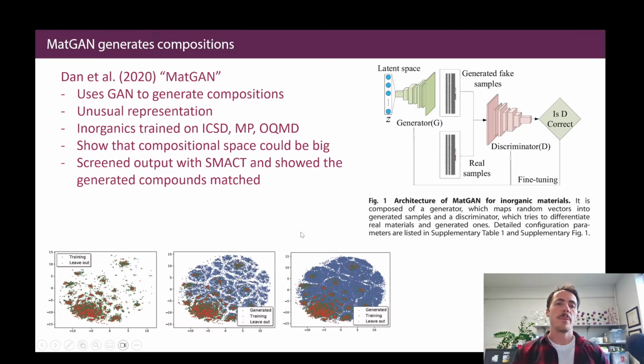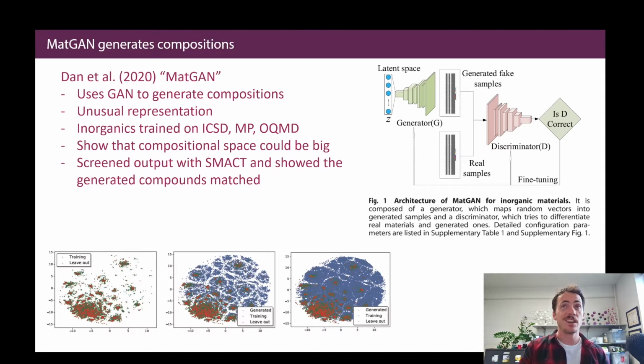Now, my initial thought when I read this paper was like, but a bunch of those are going to be nonsense chemistries like noble gas oxides. But they passed those through SMACT. SMACT is a tool that came out of Imperial College London, Aaron Walsh and Davies, right? Where they check whether or not electroneutrality is probably maintained given that formula, based off of what we know about common oxidation states.